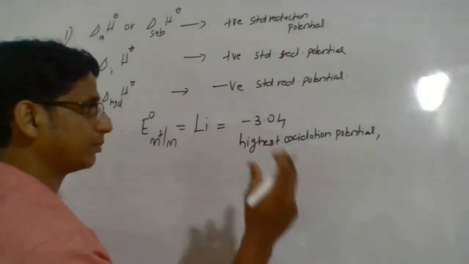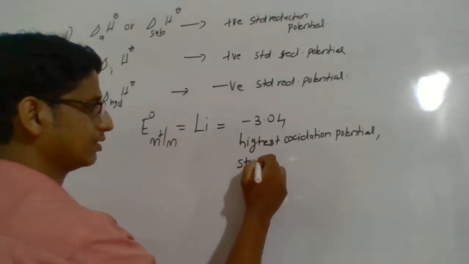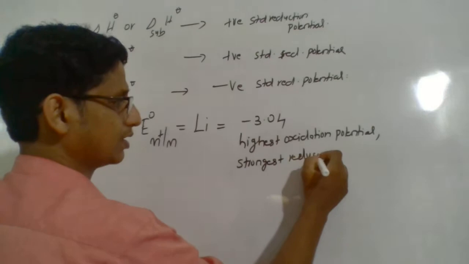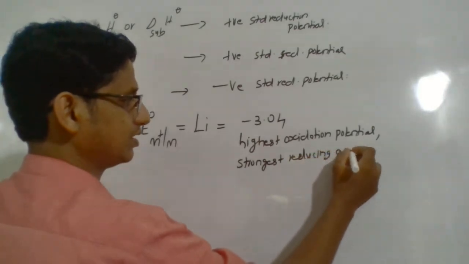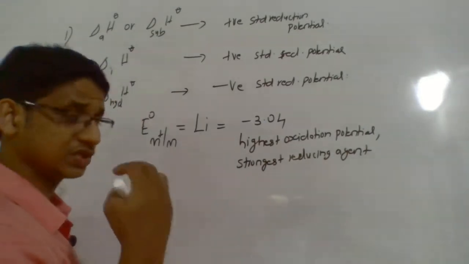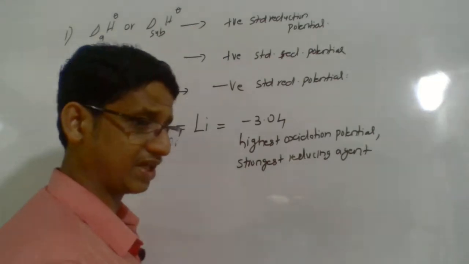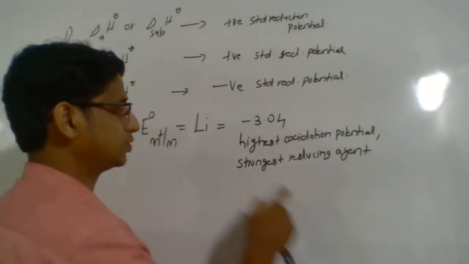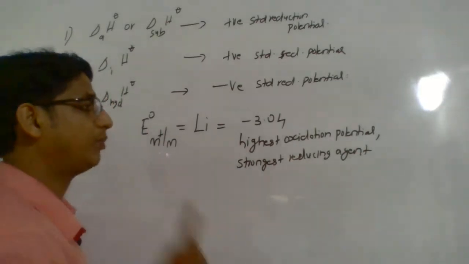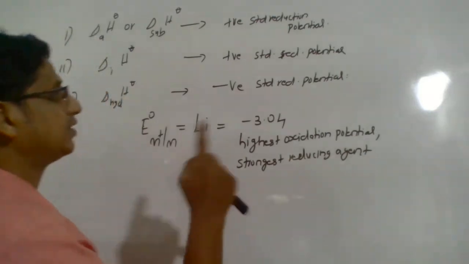And from this, one more point you can understand: lithium is the strongest reducing agent, because it has the highest tendency to undergo oxidation. A reducing agent has a tendency to undergo oxidation, so lithium having the highest oxidation potential means it is the strongest reducing agent. That's the way you can compare.